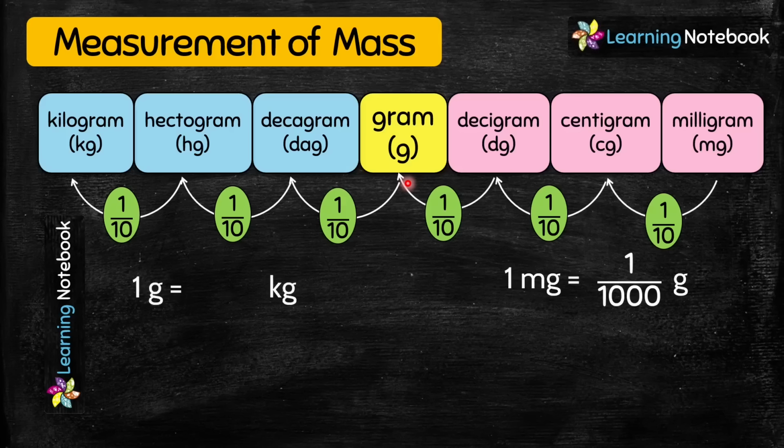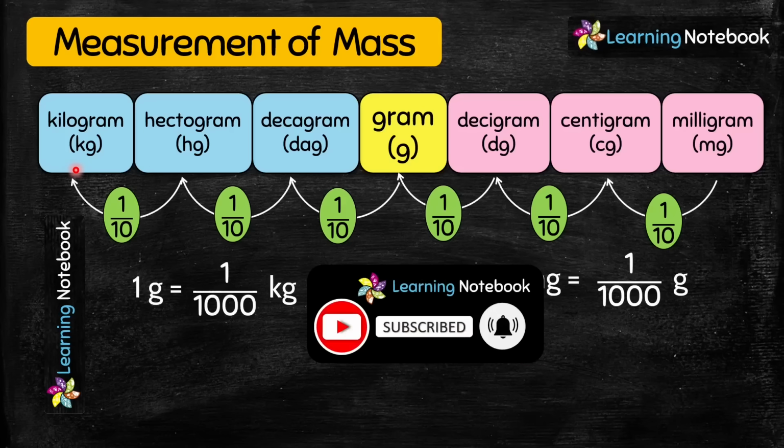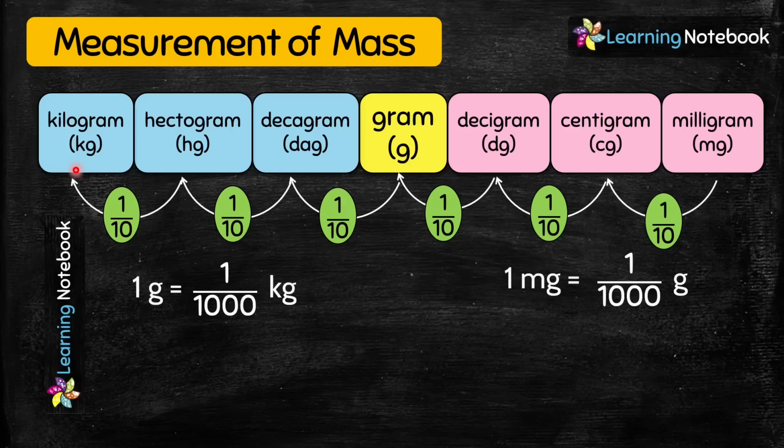Similarly, let's find out 1 gram equals how many kilograms. So let's first see how many times we need to jump. 1, 2, 3. So it means 1 gram equals 1 by 1000 kilogram. So in this way, we have understood how to convert a higher unit into a lower unit and a lower unit into a higher unit.